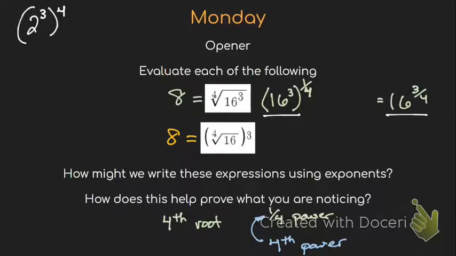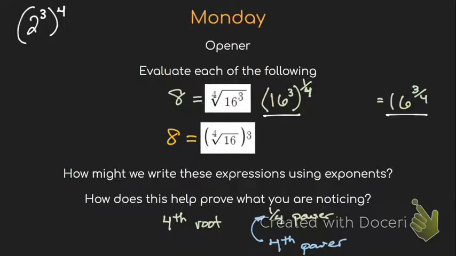What the heck does the 4th power mean? Well, that first itself is in the parentheses, so you do 2 to the 3rd. What if I don't actually evaluate it? What if I just say it's 2 to the 3rd? I'm just going to write 2 to the 3rd. I'm not trying to find the value. I just want to rewrite it. I don't want to multiply anything.